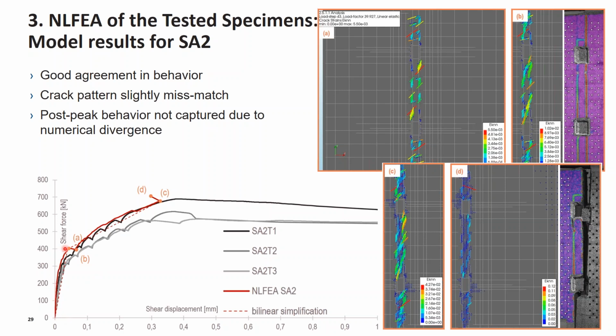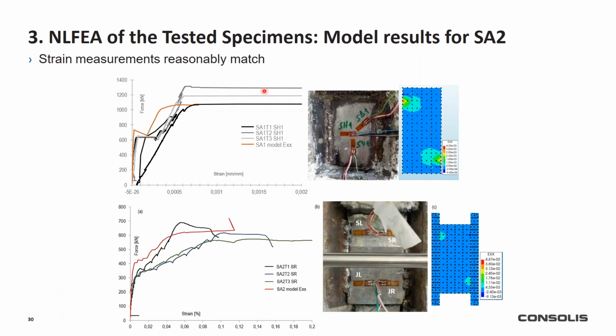We can see again a very good match of the shear slip curves, the numerical one and the experimental ones. And we can see very reasonable agreement between the strain that occurred in the analysis and the measured strains in the experiments.